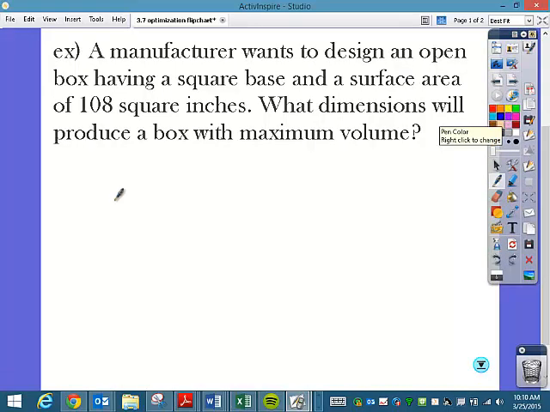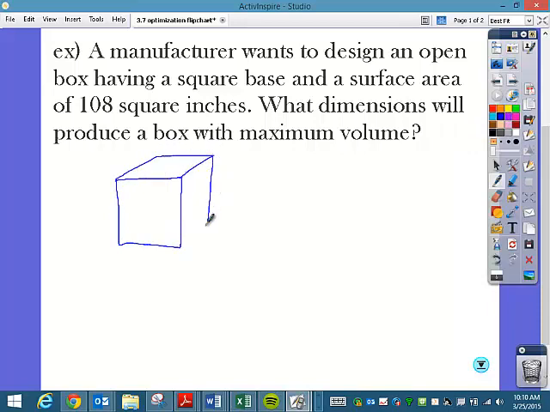So we have a square base box that has an open top. Here's our box. So let's say that the length of the base is x. Since the base is a square, the width is also x.